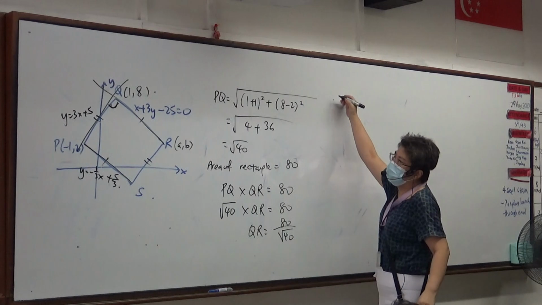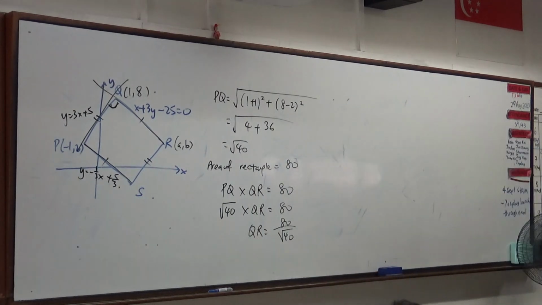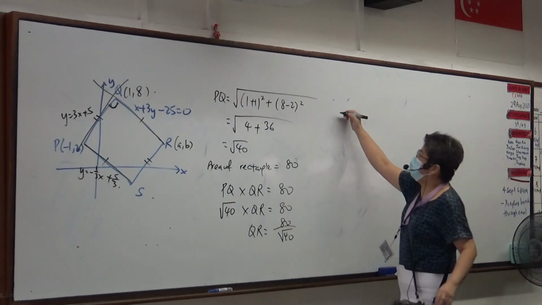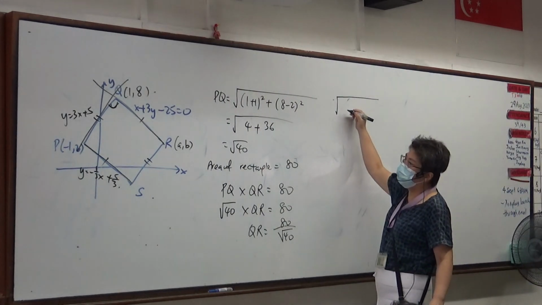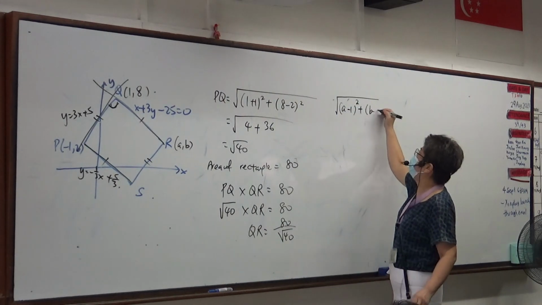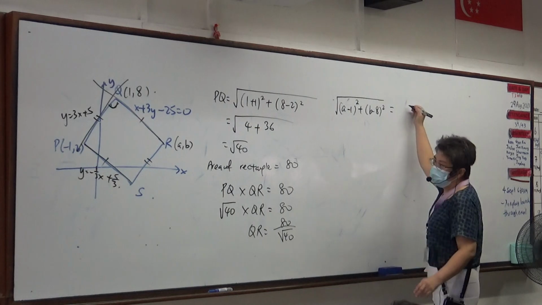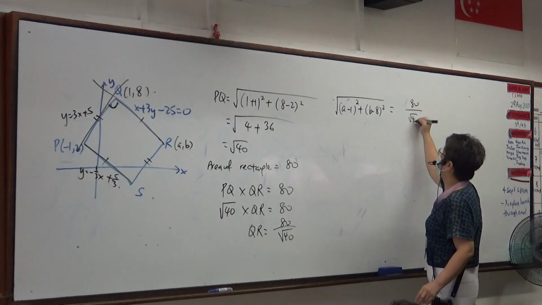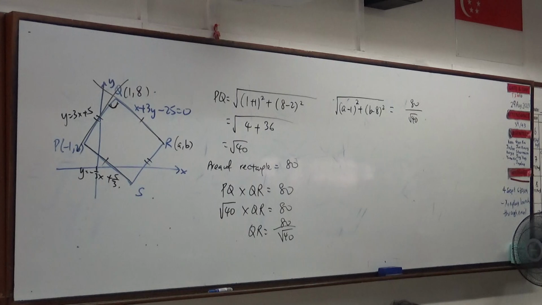So, how do I apply the formula? Okay, I will have the square root of (a minus 1) squared plus (b minus 8) squared must give me 80 over square root 40, right? The length. Is it okay? I'm talking to you. Yes, okay.